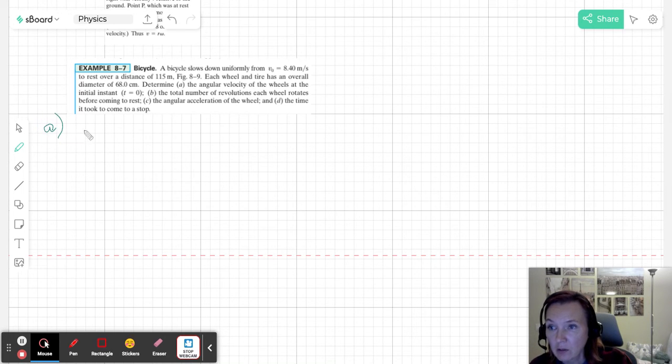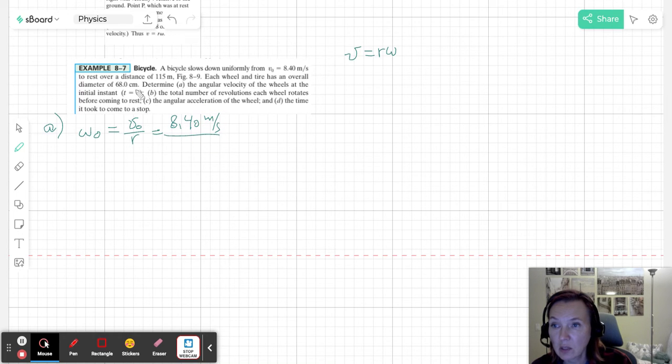All right, so let's start with part A. Since v equals r omega, that means that omega has to be equal to v over r. We're looking at the angular velocity at the initial instant, so at time t equals 0. The velocity was equal to 8.4 meters per second.